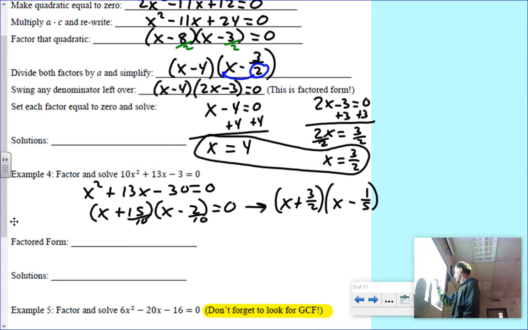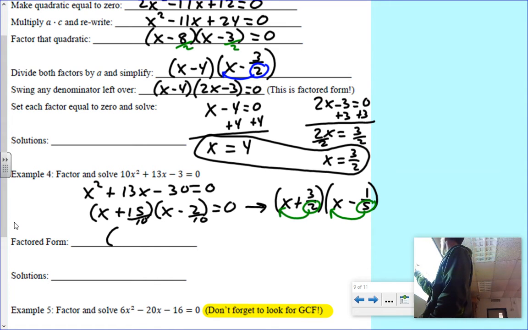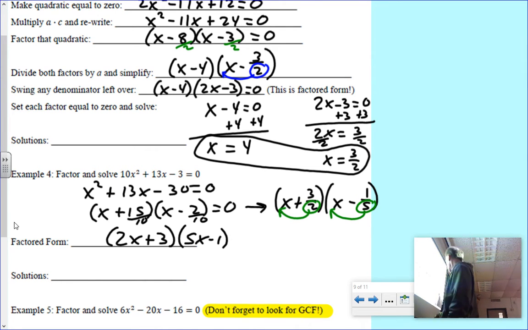And then when we swing, this time we have a denominator in both of them, but that's okay. So my final factored form is 2x plus 3 and then 5x minus 1. And again, FOIL or box method, you can multiply that out and get what you started with.